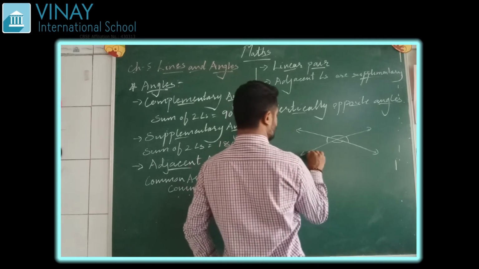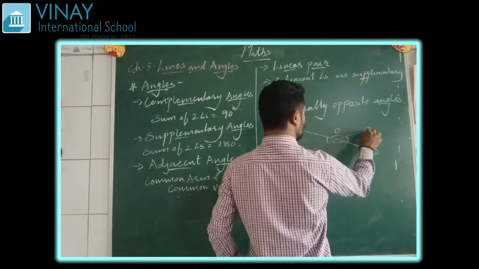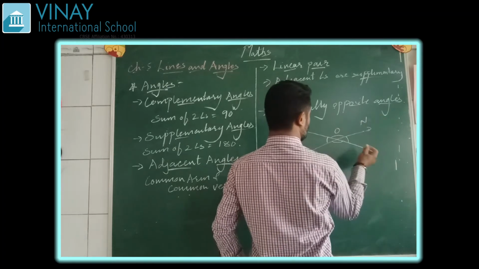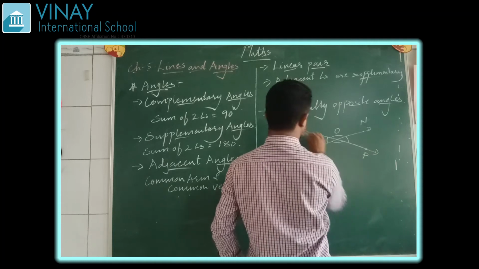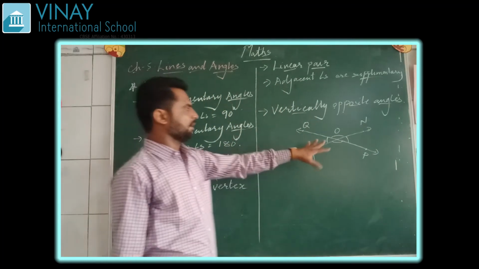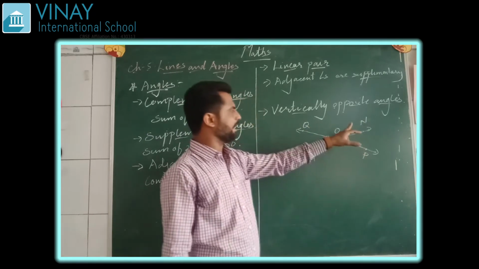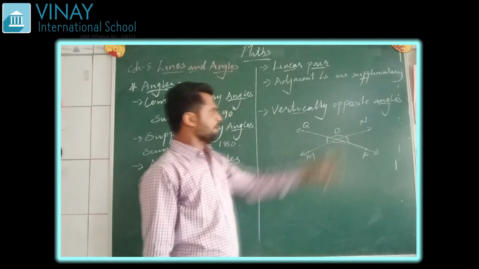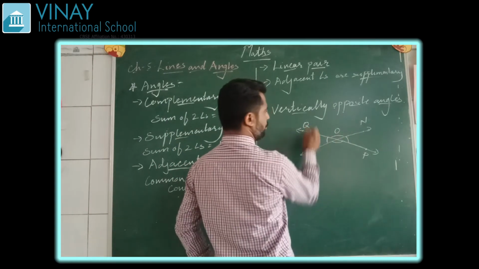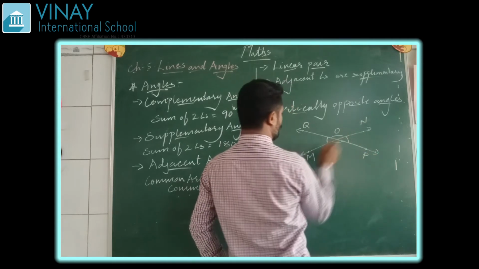For example, if this is your M, O, N, this is your P, this is your Q. Now here line MN is intersecting line QP at O. So it will form four angles: MOQ, QON, NOP and POM.